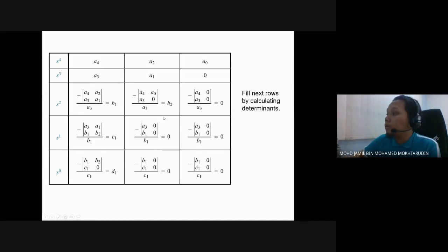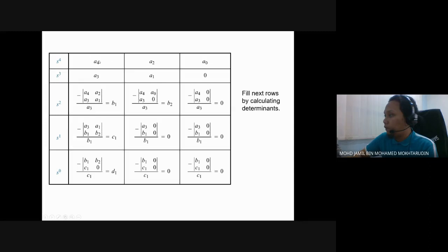For the second box, you take the four top values above this box: A4, A3, and then A0 and 0 here, negative, divided by A3. And for the third box, you take the same thing, the four values above this box.